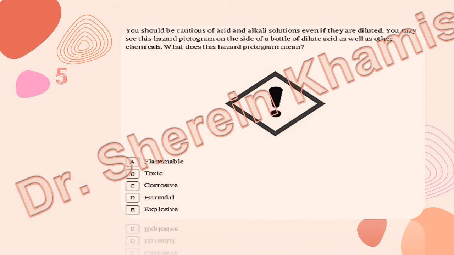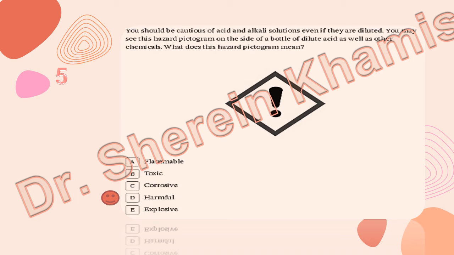Question 5 says: you should be cautious of acid and alkali solutions even if they are diluted. You may see this hazard picture on the side of a bottle of diluted acid as well as other chemicals. What does this hazard symbol mean? It means it will be harmful when used.